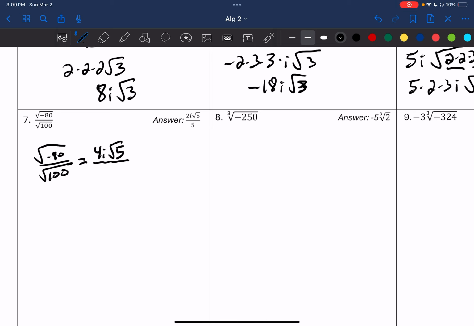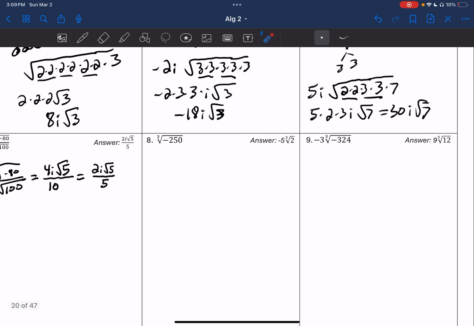In the new denominator, you have square root 100, and that's a perfect square. The square root of 100 is 10, right? Because 100 is 10 times 10. Now, we can cancel on the top and the bottom. You can see the numerator is divisible by 2. The denominator is also divisible by 2. So we get 2i√5 over 5, right? Canceling a 2 in the numerator and the denominator to simplify it down to this.